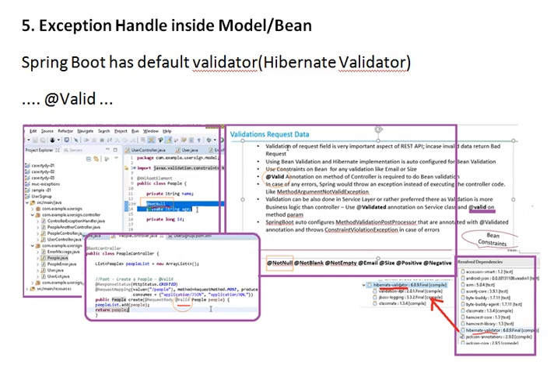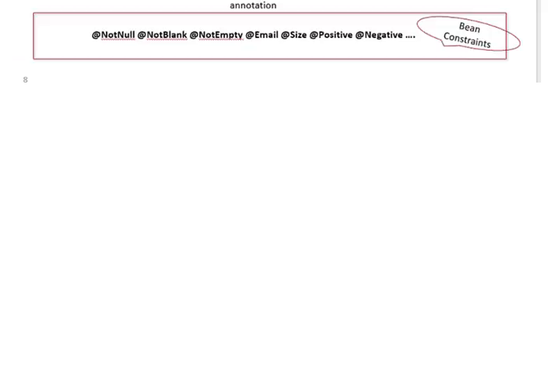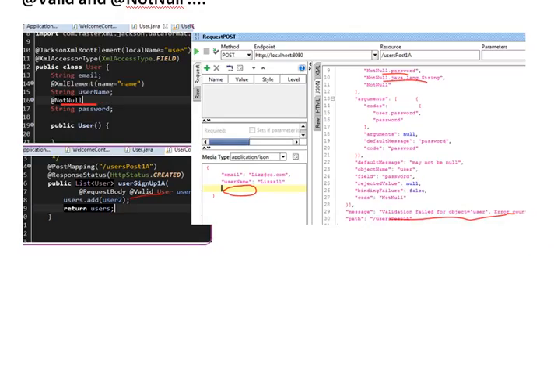Now you can do exception handling more easily with what Spring Boot provides. It's an inbuilt feature using @Valid and @NotEmpty, @NotBlank. With @Valid, you mention it where you are invoking the web service, before the model, and inside the model you specify @NotNull.